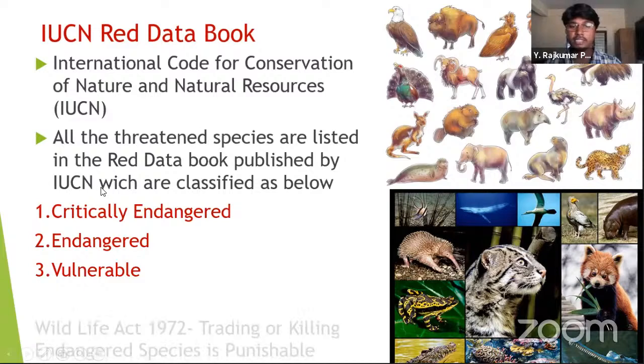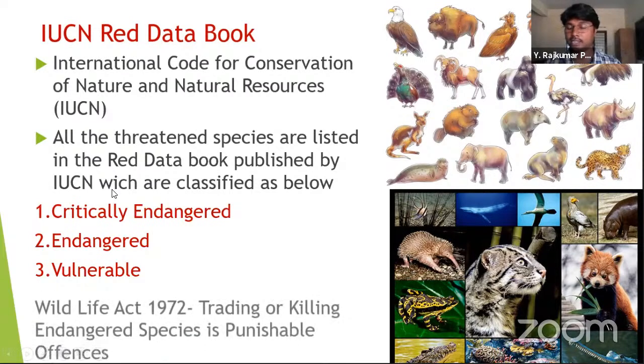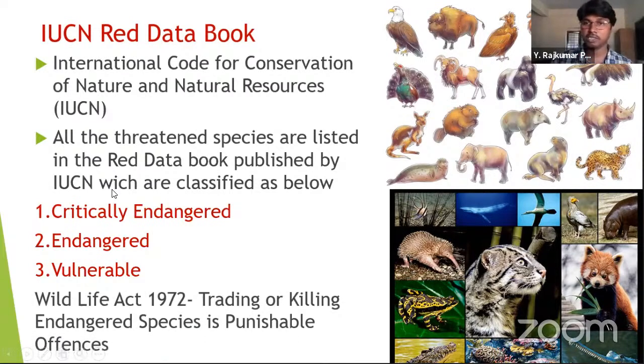Even in biodiversity hotspots and in situ conservation places like national parks and zoo parks, if any people hunt the animals in those regions, they will be punished. In that way they try to protect the animal species.